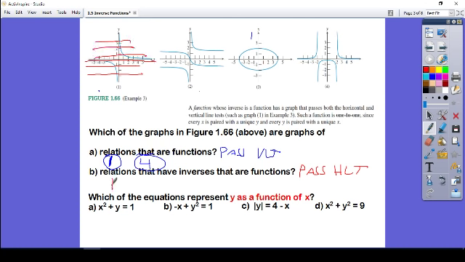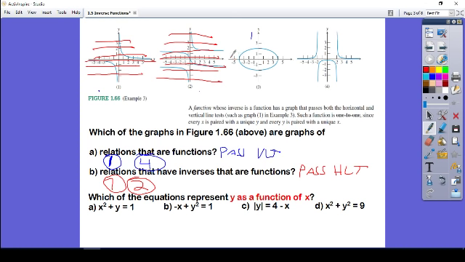So once again, 1 is going to have an inverse that's a function right here. For number 2, it will pass the horizontal line test at any y value. So if at any y value you can draw a horizontal line that's only going to go through the function once, that means that number 1 and number 2 have inverses that are going to be functions.